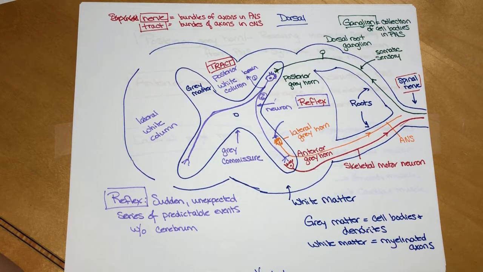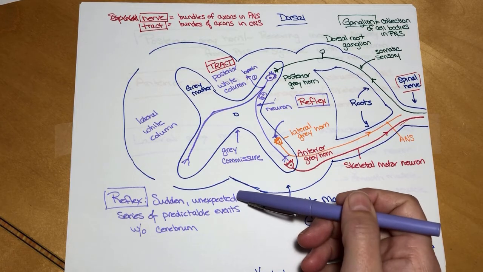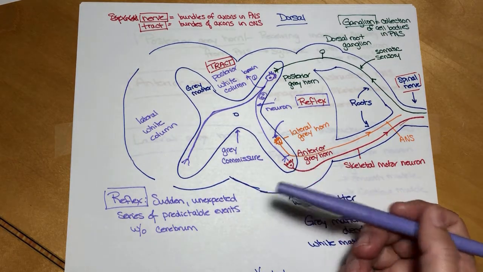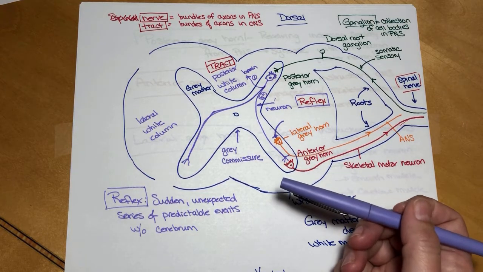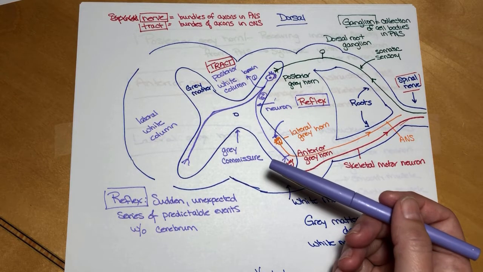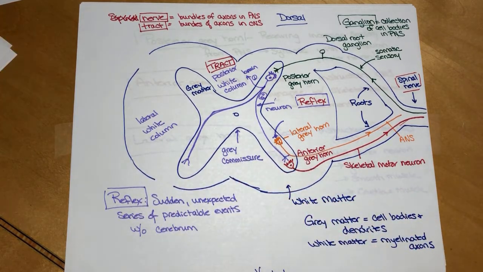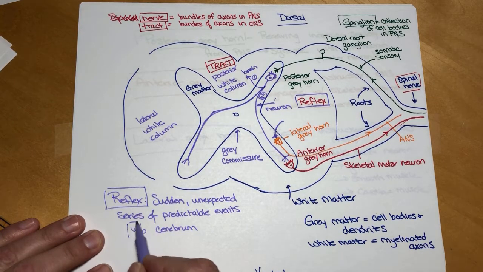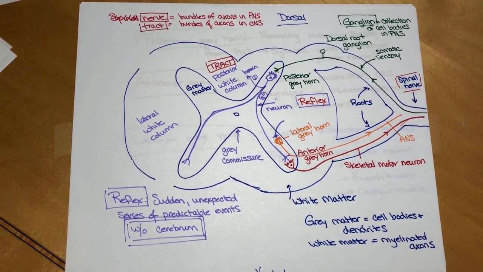And remember that a reflex is a sudden, unexpected series of predictable events. So the reflex always happens the same way. When it happens or why it happens is the unpredictable part. And also a reflex does not have to check in with the brain to have a motor response.